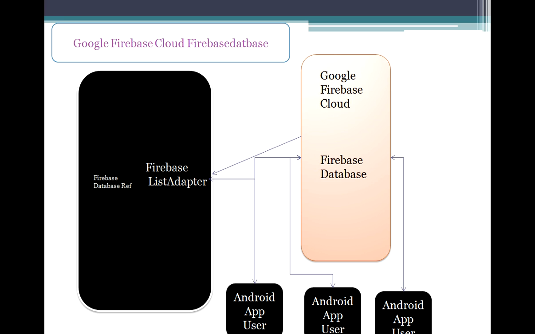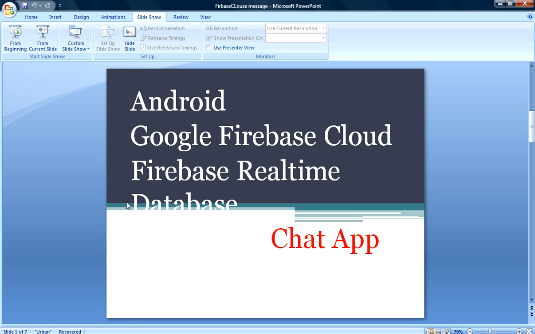It internally implements the event listener, so we don't need to implement that. We just need to implement this Firebase list adapter and then this functionality to show the messages on the screen. And today we're going to see this.